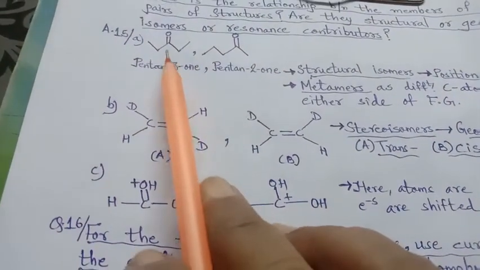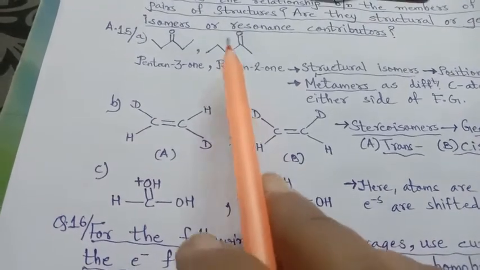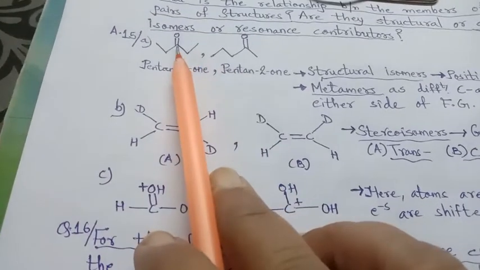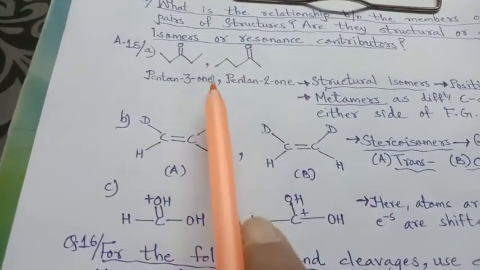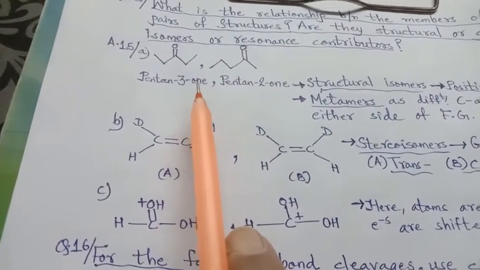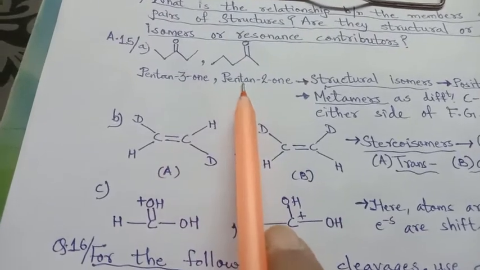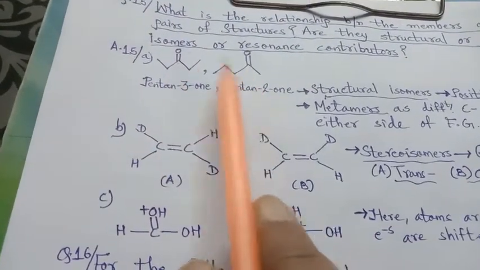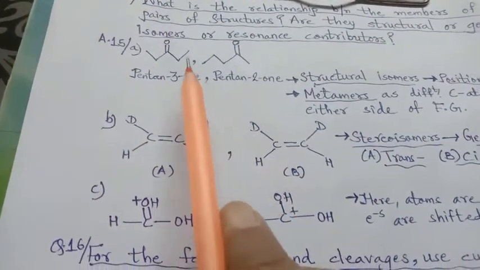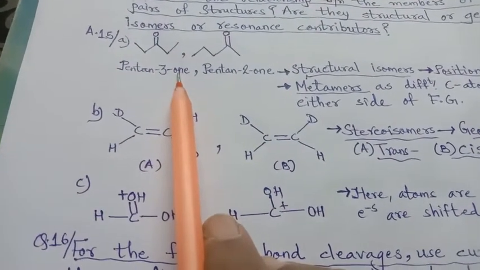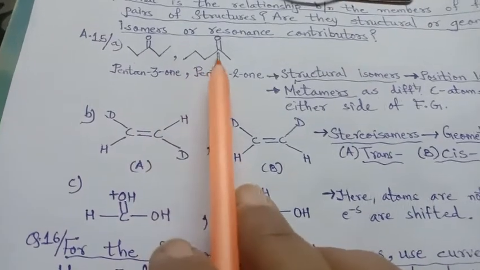Here you see the molecular formula remains the same: 5 carbons and a ketone group. That means the structure is different. It is structural isomers, right? It's not a geometrical isomer because the structure is different. Here it is on the third carbon, here it is on the second. Now, within structural isomers, we can say it is the position isomer.